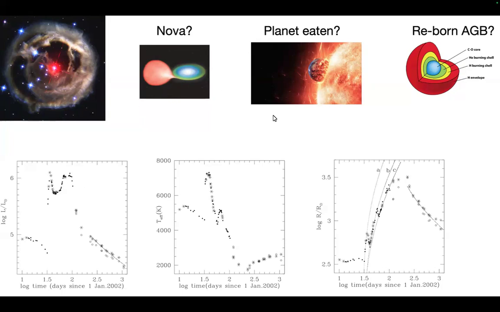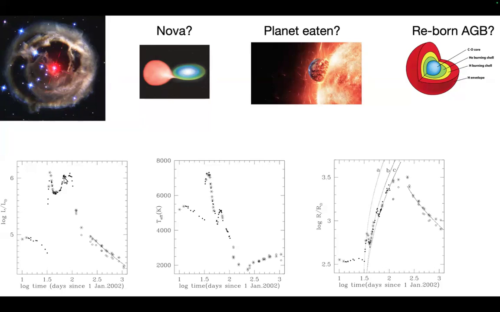So the planet hypothesis was presented taking these bumps into consideration, that perhaps each of these smaller peaks corresponds to a planet being devoured by the star. However, there were issues with this scenario as well. It wasn't able to predict the peak luminosity.